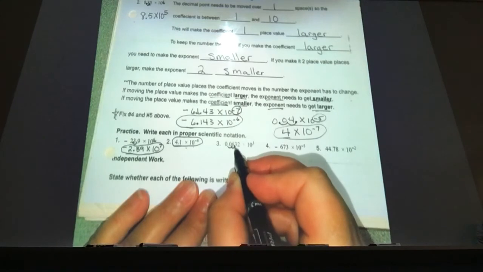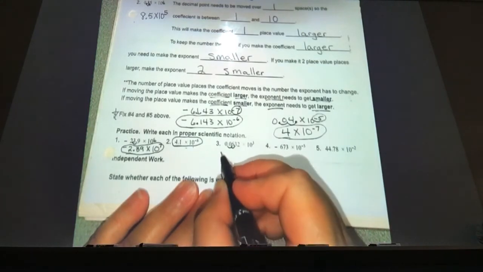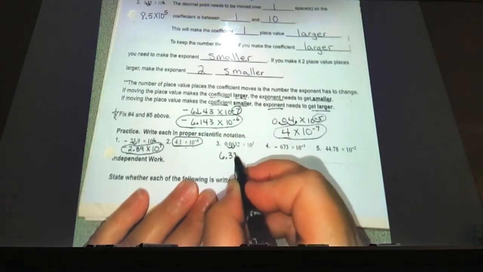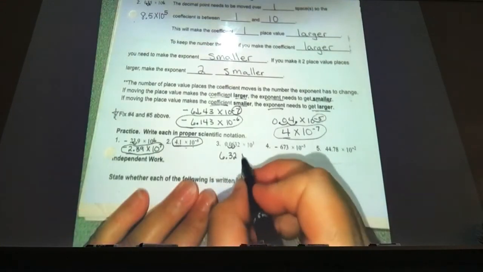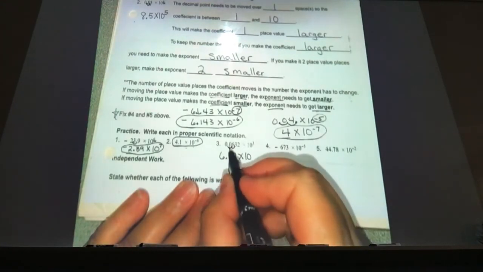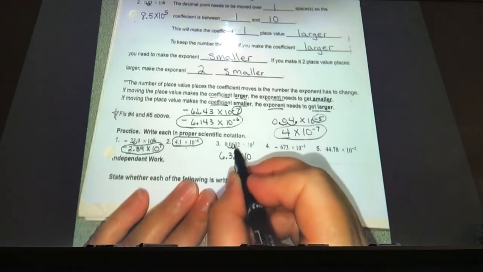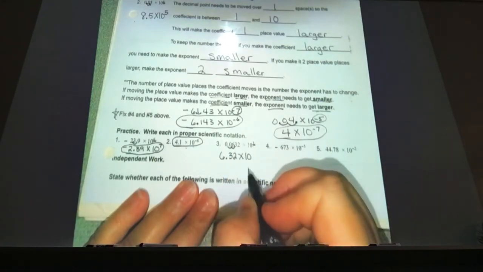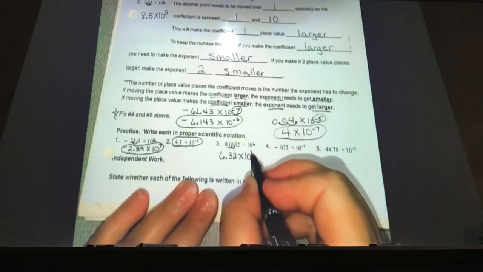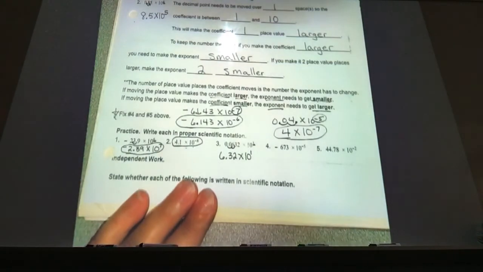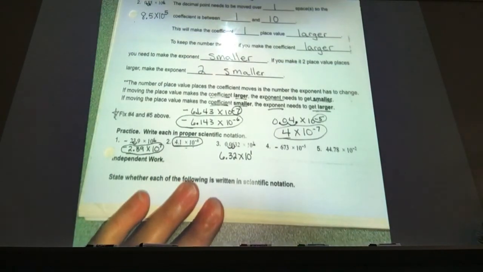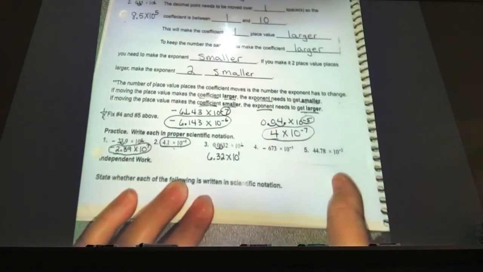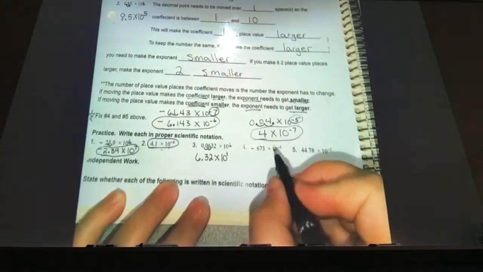If I move it over another 1, oh, now it is. 6.32 is between 1 and 10. Times 10. This moved 2 spaces. Did it get bigger or smaller? It got bigger, which means this has got to get 2 smaller, or it would be 1. I'm going to go ahead and put the 1 there for right now. Even though we normally don't show an exponent of 1, I'm going to put it there for now. All right, let's go to the next one.